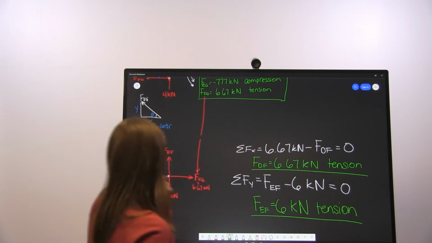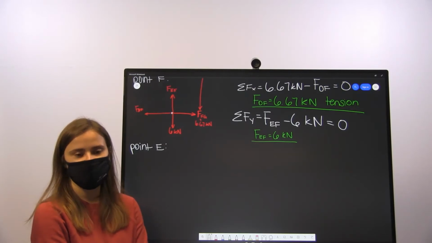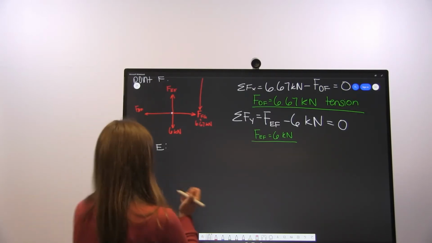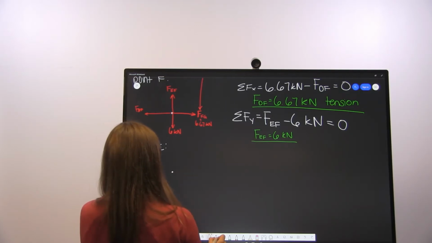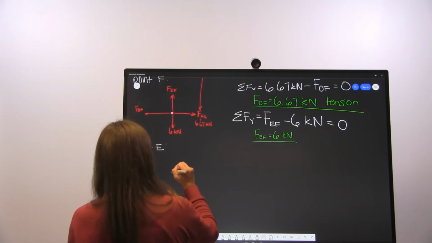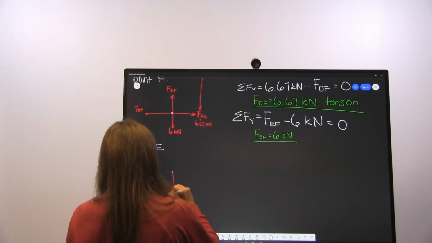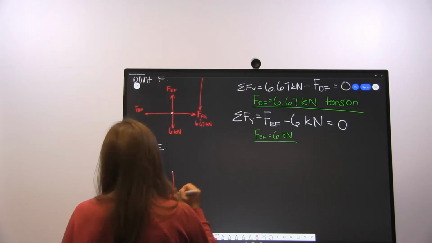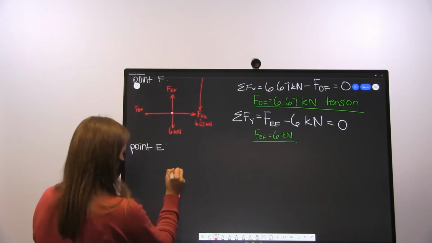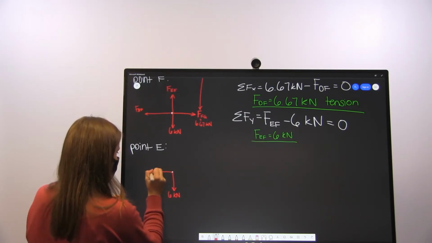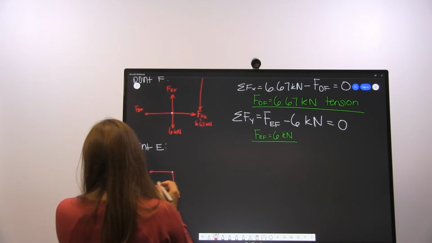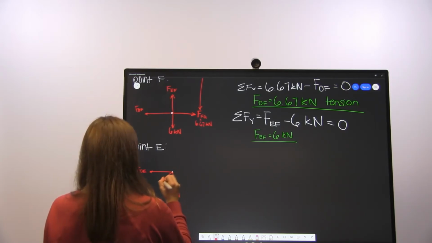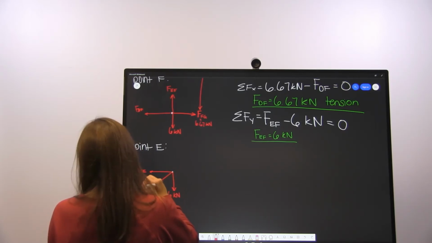So now we have those. So now that we have our forces at F, we're going to move on to point E. So for E, we start there. And then we have this downward 6 kilonewtons. And then we have our force of member CE and force of member DE.